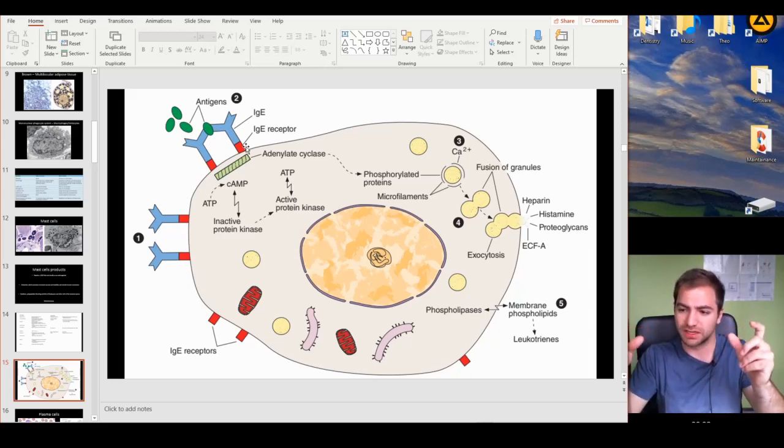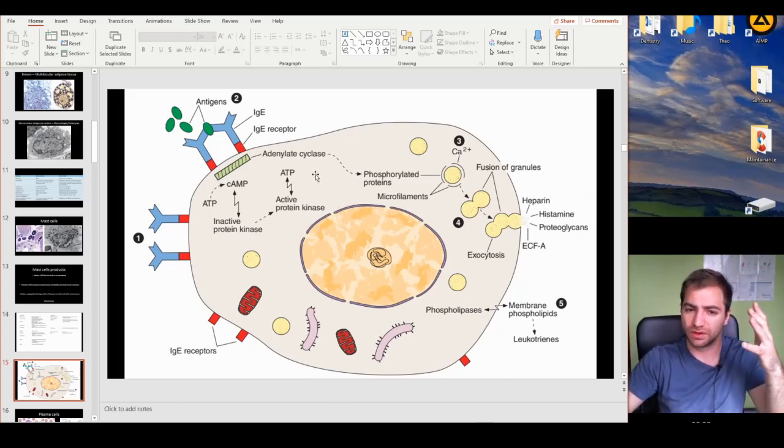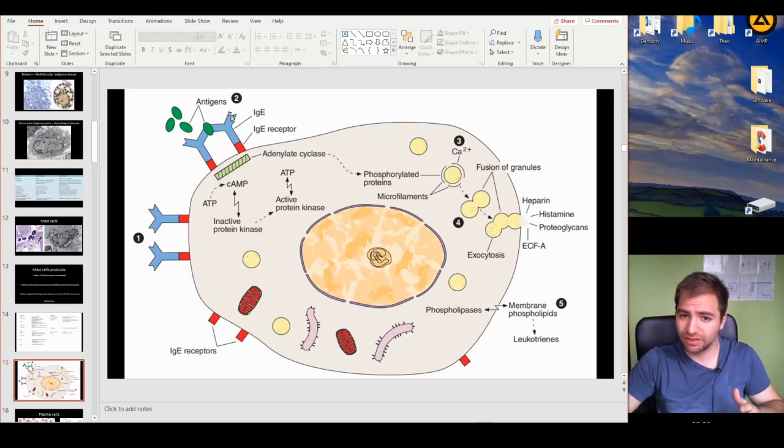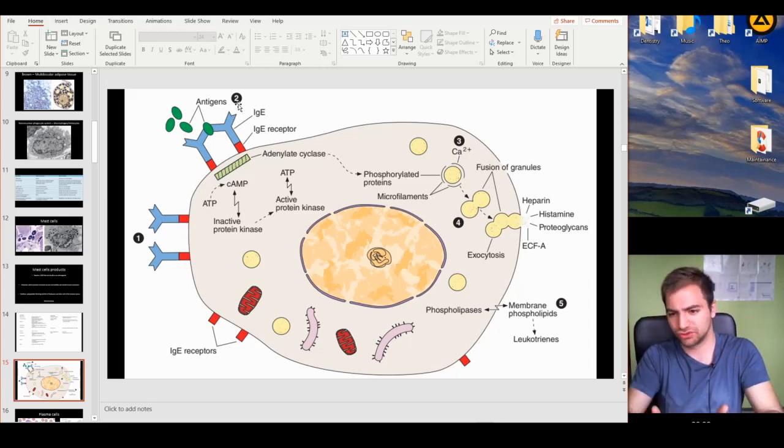Now these antibodies that are being produced against pollen are going to be anchored on the cell membrane of mast cells. So in the second appearance of pollen, pollen is going to act as an antigen, attach on the antibody of the cell membrane of the mast cell and induce the degranulation.